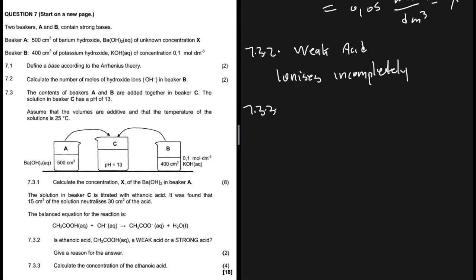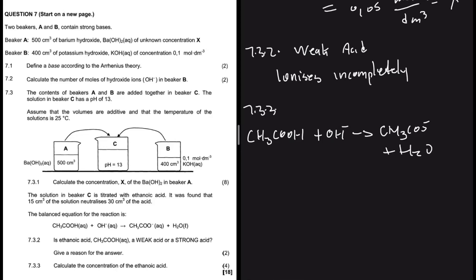So they neutralized completely. Let me write the equation again. We have CH3COOH plus OH⁻, which gives us CH3COO⁻ plus H2O. Again, we can use the number of moles of one to find the number of moles of the other.